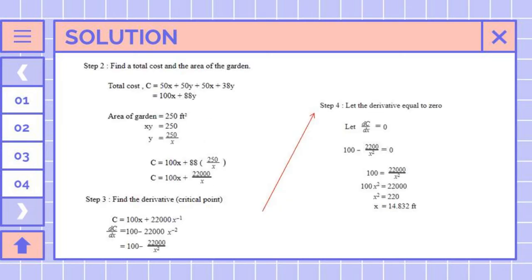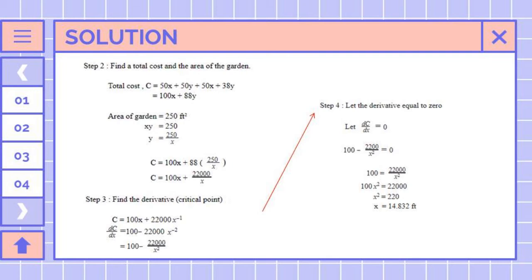Step 2. We find the total cost and the area of the garden. Total cost equals 50x plus 50y plus 50x plus 38y. The total is 100x plus 88y.